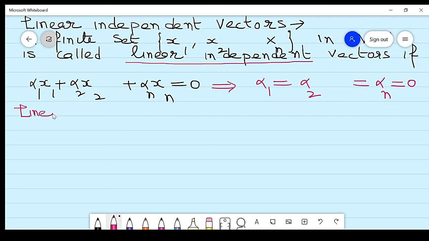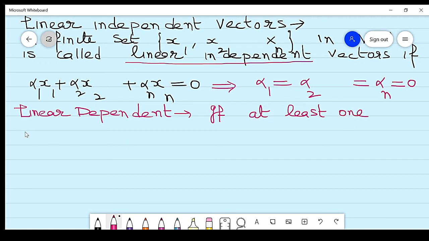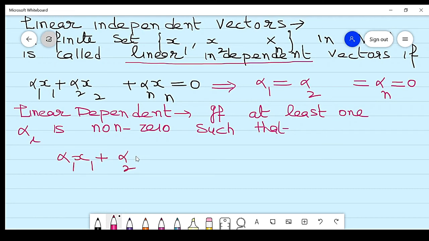So it is called linear dependent if at least one alpha i is non-zero such that alpha 1 x1 plus alpha 2 x2 plus up to alpha n xn equals 0.